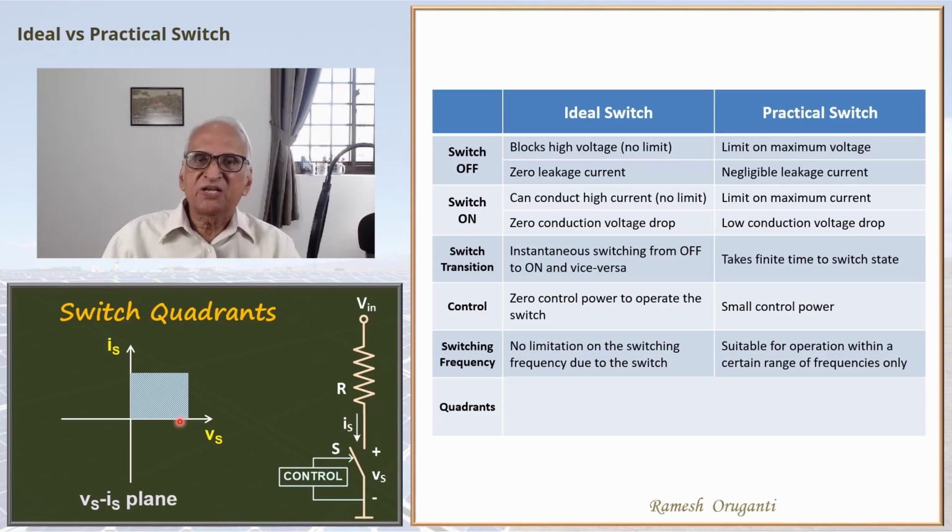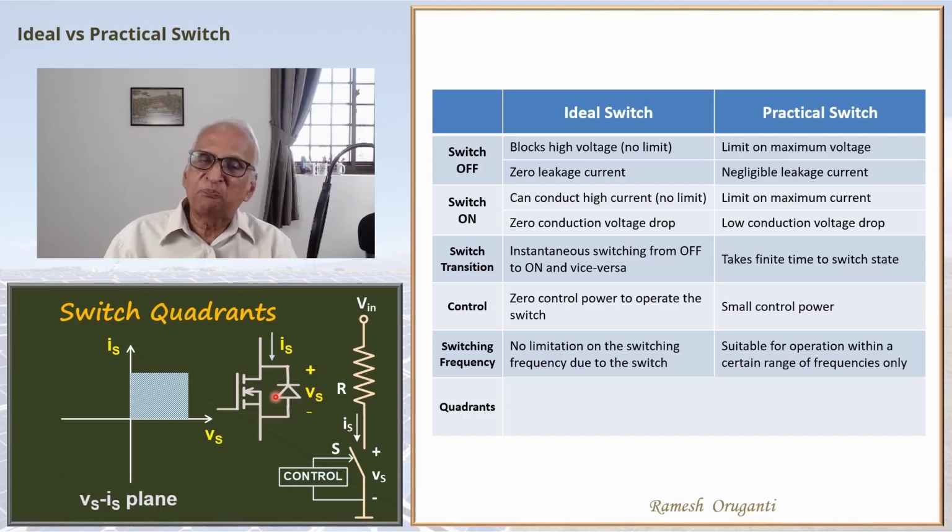Many power semiconductor switches are single quadrant switches. That means they can block voltage in one polarity and carry current in one direction. There are practical switches which can operate in two quadrants. Here is an N-channel power MOSFET, and in the structure of the power MOSFET itself, there is a built-in diode.